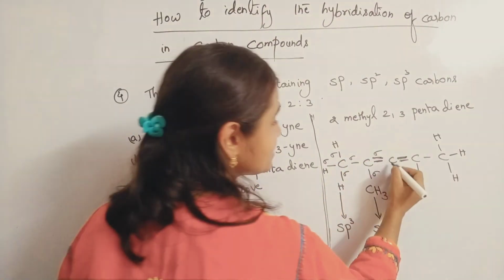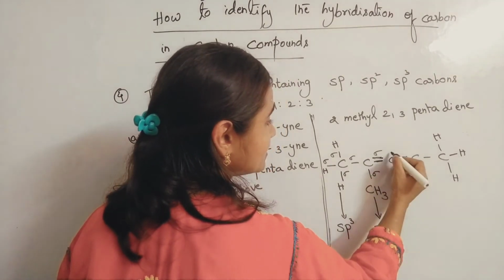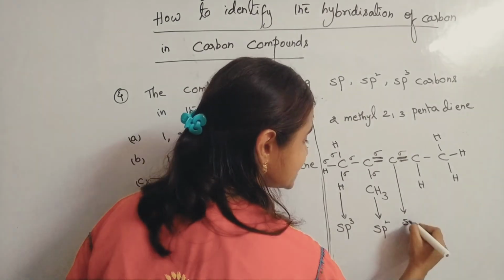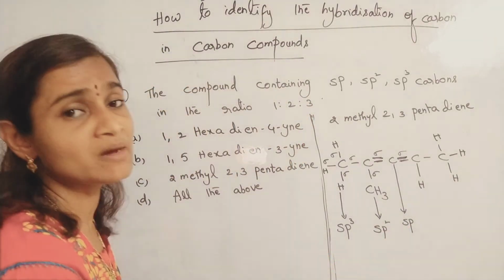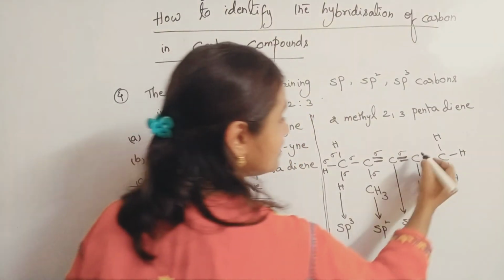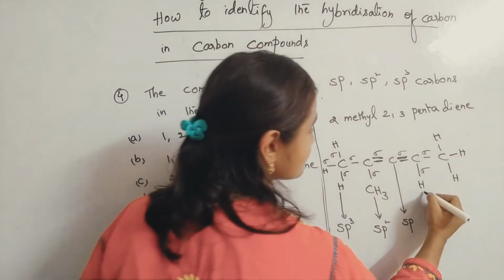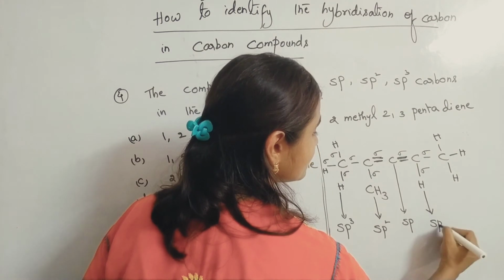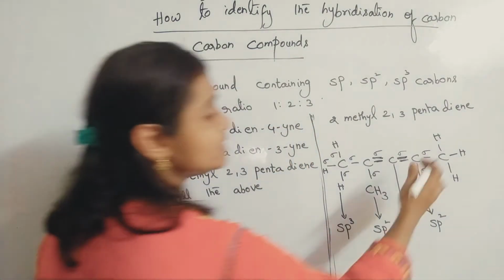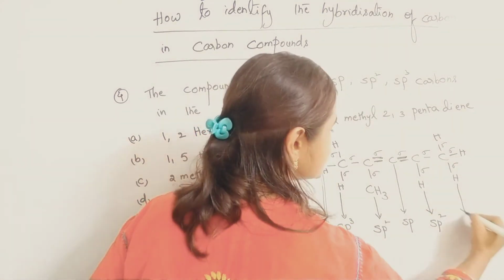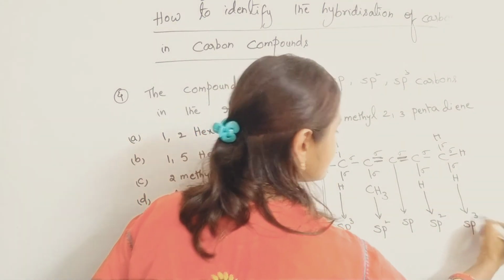The third carbon has only 2 sigma bonds, means sp. Here also 1, 2, 3 sigma bonds means this carbon is undergoing sp2. Now the fourth carbon has 4 sigma bonds, means sp3.